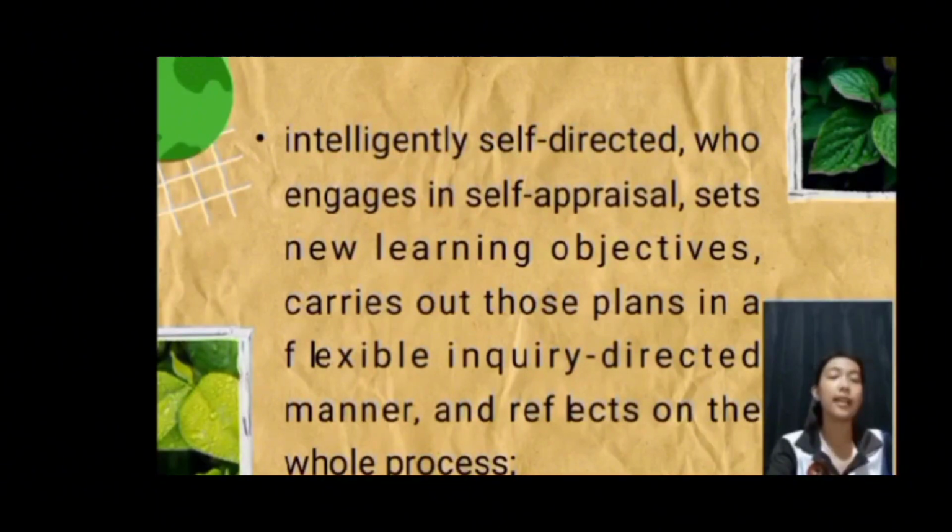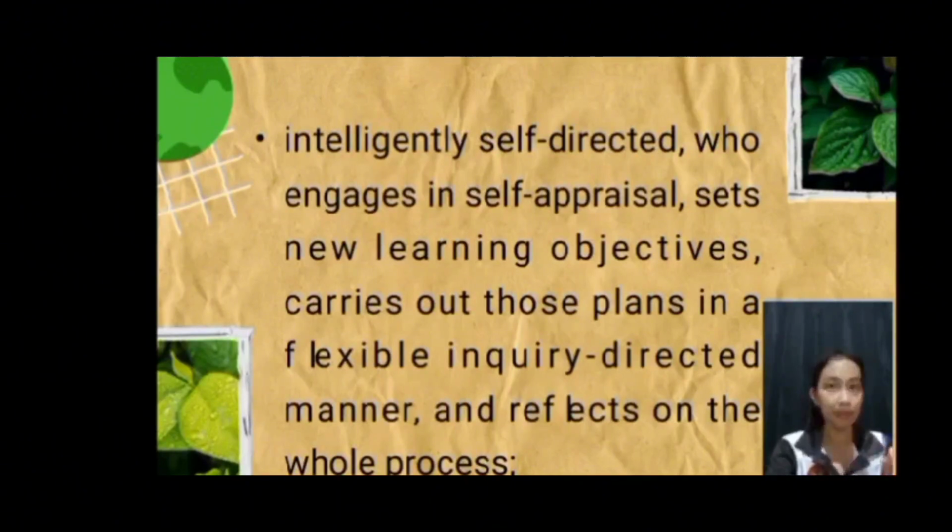As an intelligently self-directed individual, you might evaluate the worth or significance of the interconnectedness of ecological systems, recognizing the impact of human activities on the environment and adapting sustainable practices.